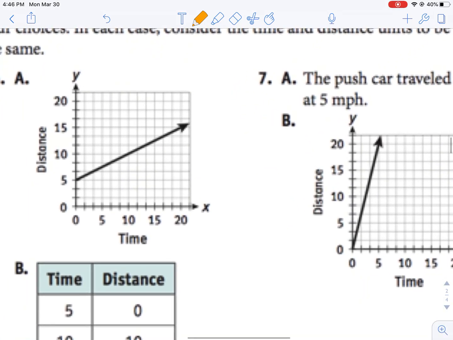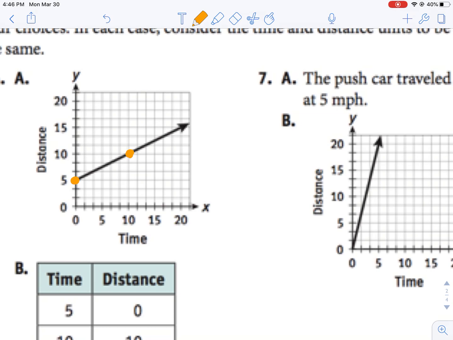So remember, when we have a graph, it's really important to find points that we can actually calculate. So I can see that I've got a point right there, and we don't have a point at 5, but it does look like we have a point right here, maybe at 10 seconds. Those aren't the only 2 points, just ones that I could find nicely.